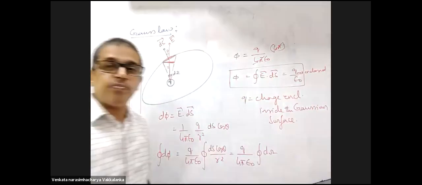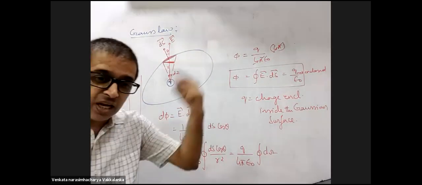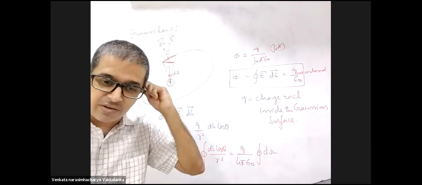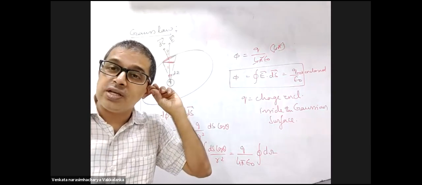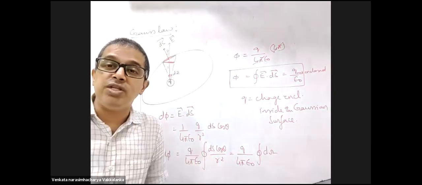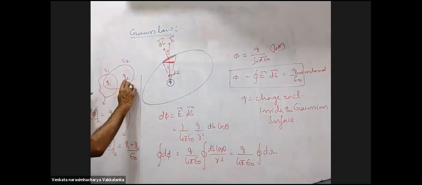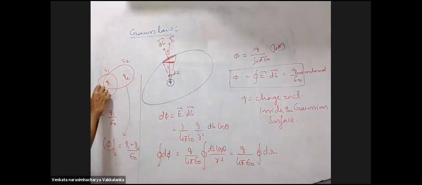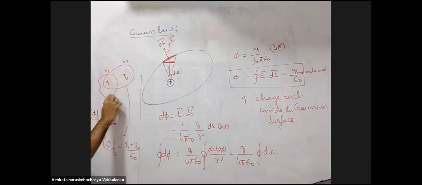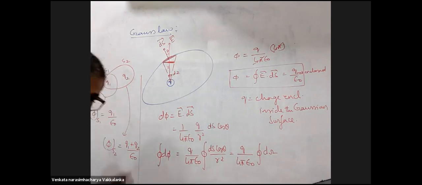If the charge is outside the Gaussian surface, flux through the surface due to the charge will be zero. Q2 will not produce any flux through this surface. We will prove that later, that is given as information. Take it down till here.